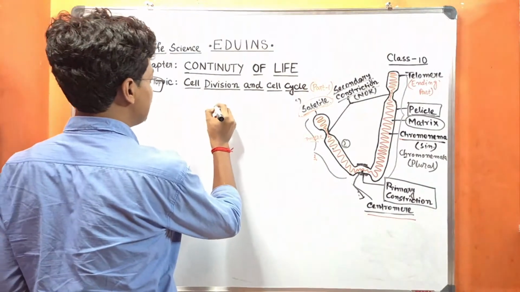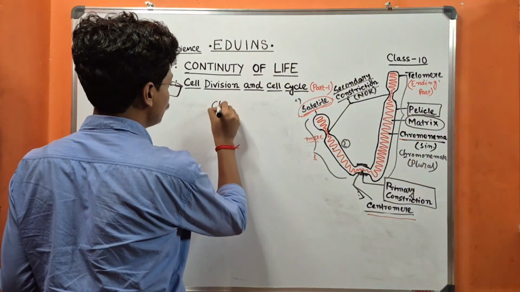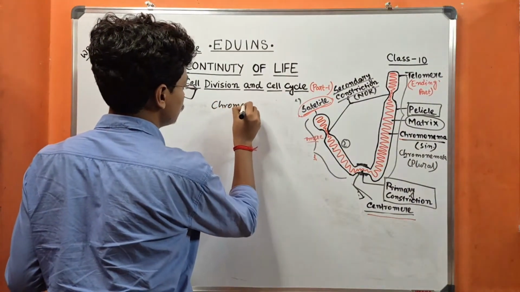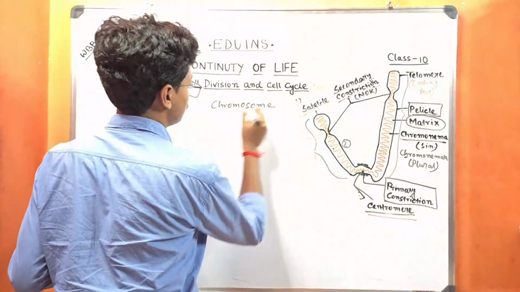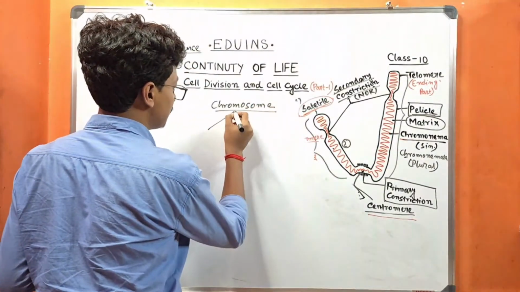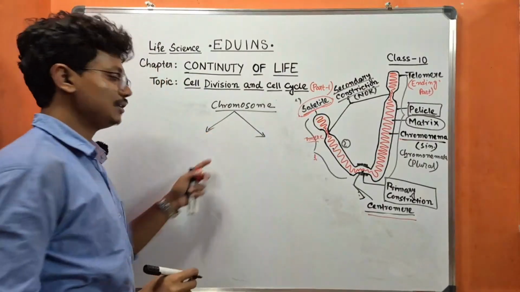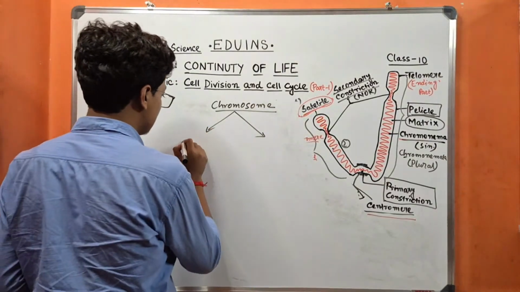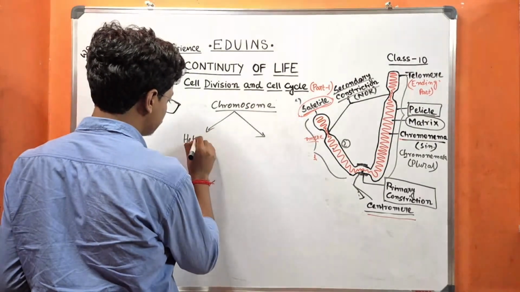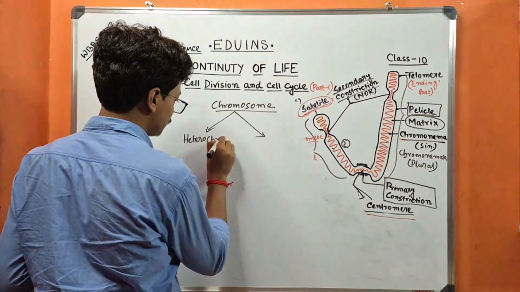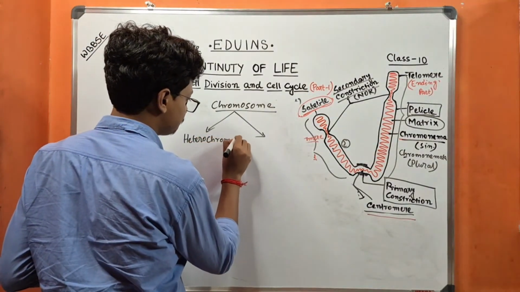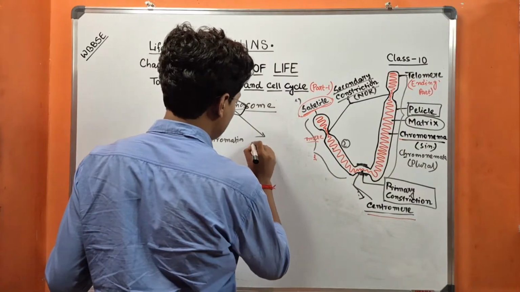So the chromosome is divided into two parts, that is heterochromatin and euchromatin.